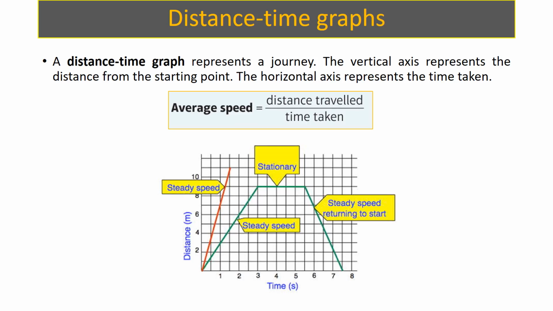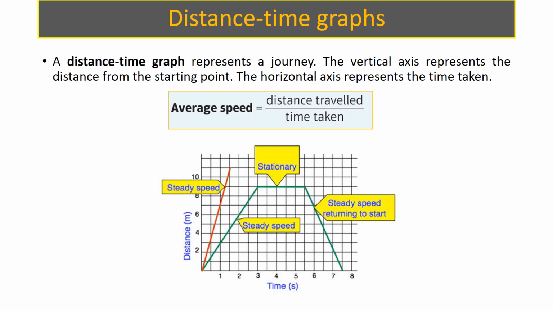That is because we have straight lines. However, the difference here is that the steeper line, with the higher gradient, will have a higher speed. So the red line represents higher speed, and the green line represents slower speed, slower movement.